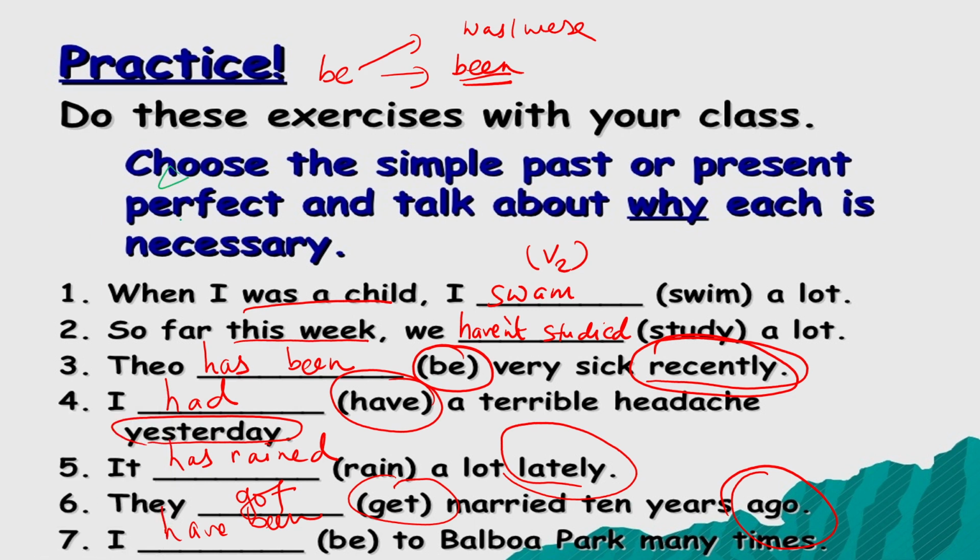Okay, so this is all about past simple and present perfect. Of course, let's rewind it quickly. We use past simple to express any action that is done, that is over, that is already finished, and that is about the past time.